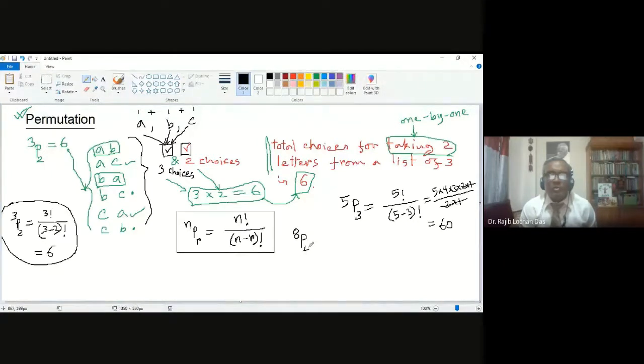If you think about 8P4, what will happen with this? It is again factorial 8 divided by factorial of 8 minus 4. 8 minus 4 is 4, so 4 factorial in the lower part. On top, it is 8, 7, 6, 5, 4, 3, 2, 1, and in the lower part 4, 3, 2, 1.